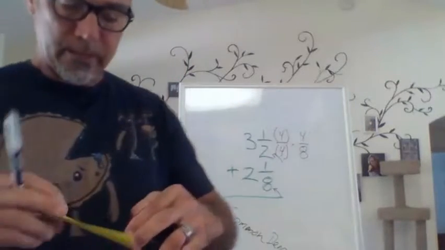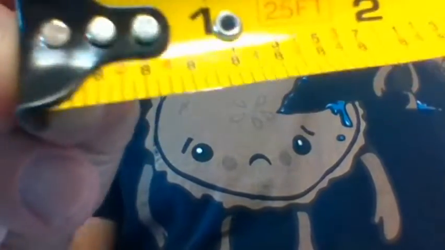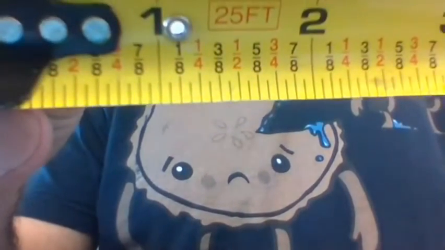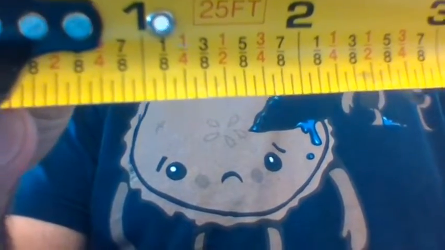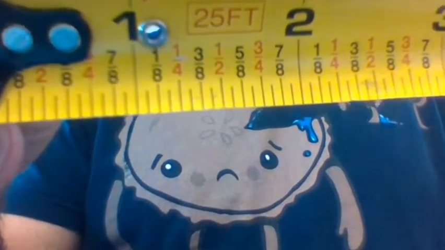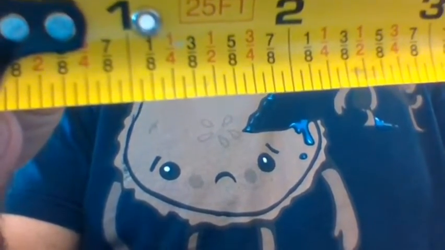And if we were to look simply at the tool here, let me get the lighting right for you. Okay. If we look at the half mark, right between the 1 and 2, you'll notice right before the half is a 3/8. Then it goes 4 eighths, 5 eighths, 6 eighths, 7 eighths.